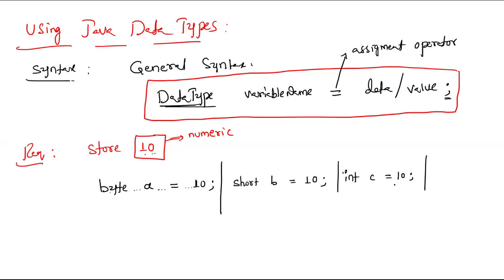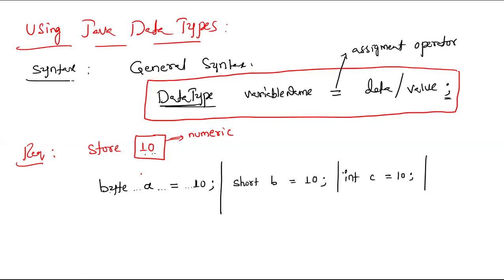So out of these three, which is recommended? Byte is recommended. Any reason for that? Exactly. Whenever we write any program, our program has to occupy less memory and has to give the fastest output.